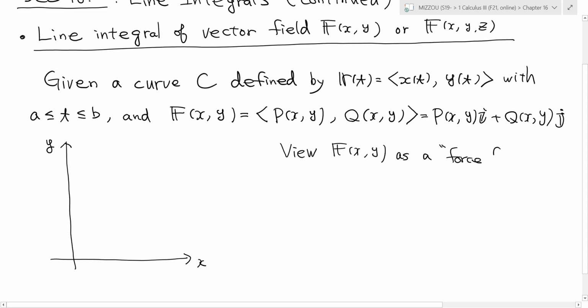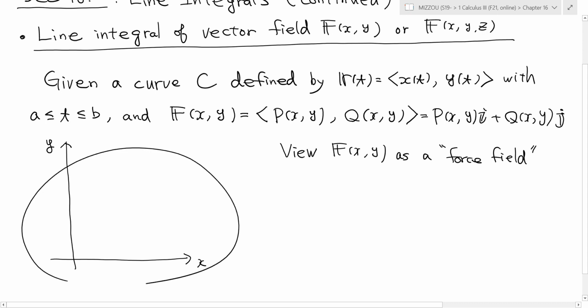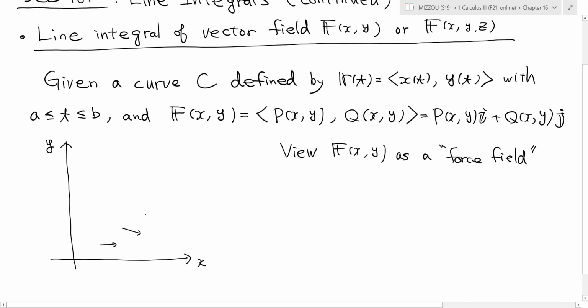Here's a way to think about this situation. Suppose this xy plane is the surface of water in a swimming pool. Then at each point, water is flowing, and the arrow represents the movement of the water.